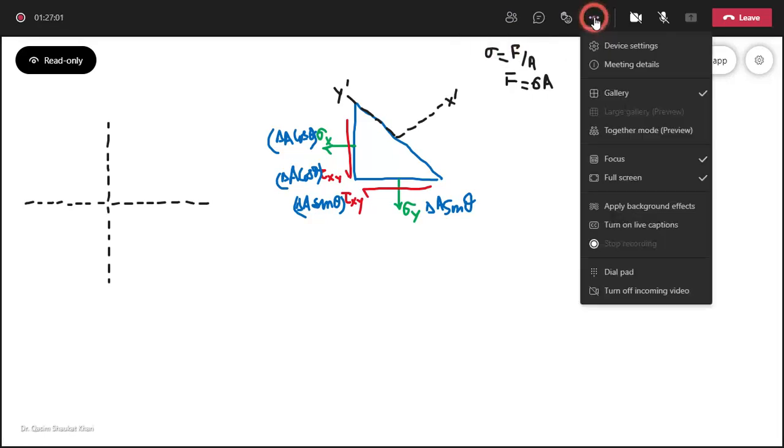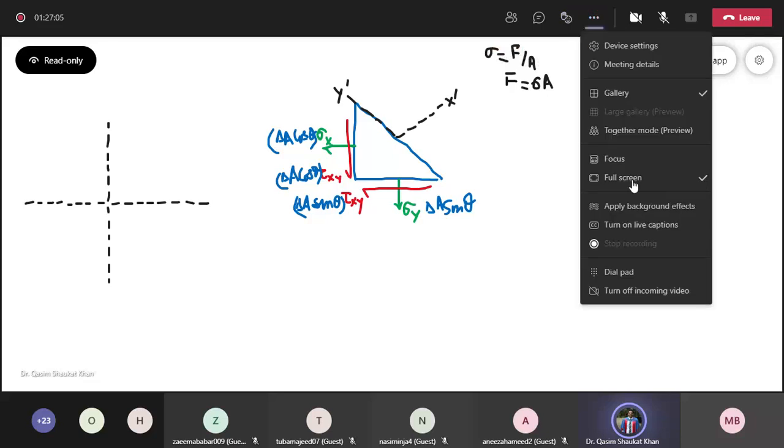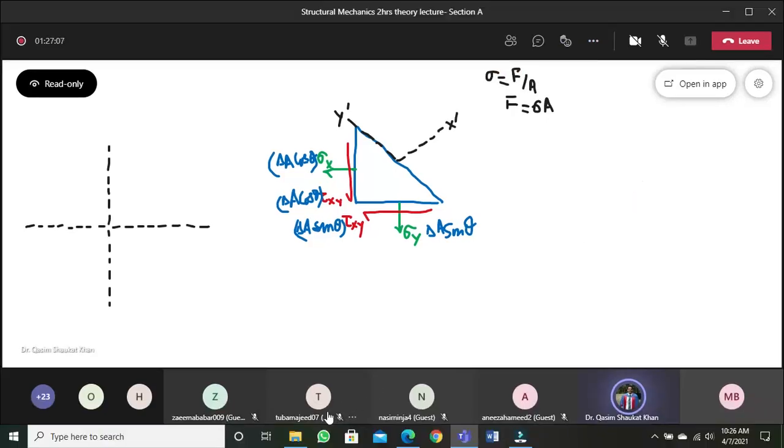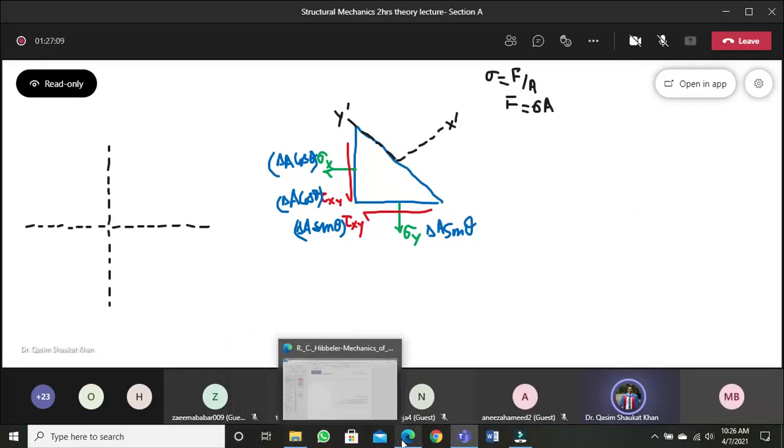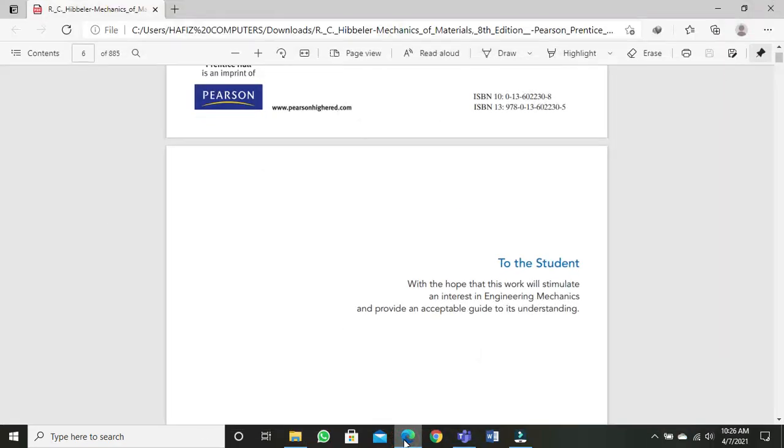This is your x and y axis. Now I will draw the x dash and y dash axes. Let's say this is my x dash.